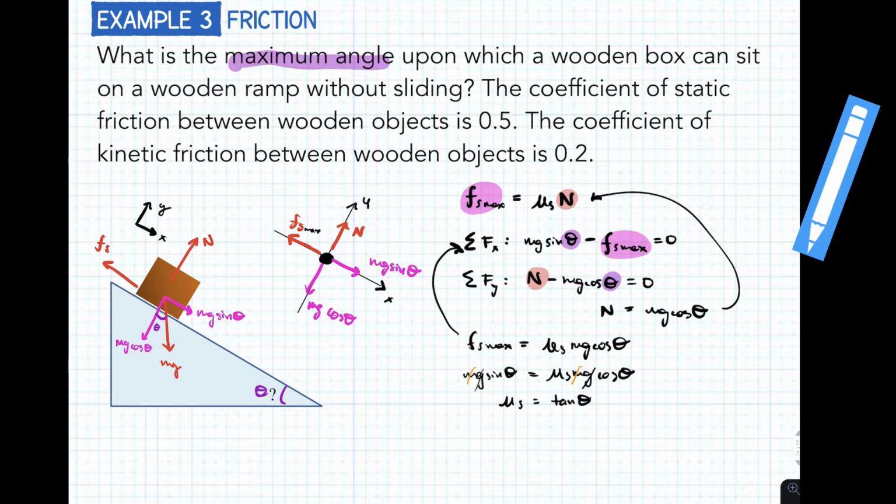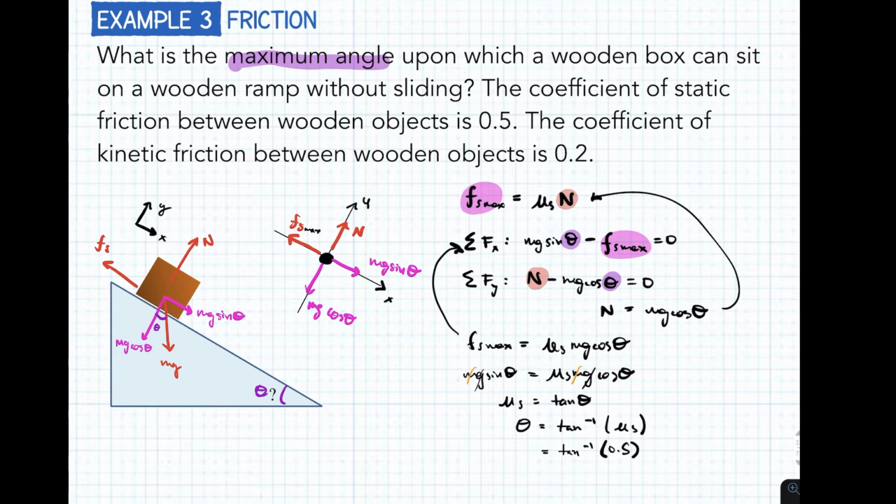But unlike in the lab, instead of finding the angle and then looking for the coefficient of static friction, we're going to do the opposite. So theta is going to be tangent inverse of mu s. So that's going to be tangent inverse of 0.5. Remember, we're using the coefficient of static friction, not the coefficient of kinetic friction. And that should give us a value of 26.6 degrees.